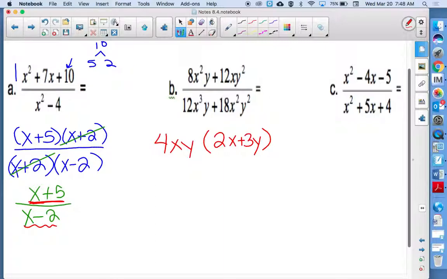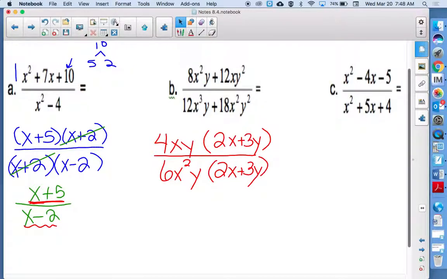Something in front times a quantity in parentheses. Odette, how about the denominator? What can we take out of there? 6x squared. So both divisible by 6, 12 and 18. And then the x squared, they both have an x squared because we have an x squared and an x cubed, and then they both contain a y. And Odette, inside the parentheses is also 2x plus 3y.